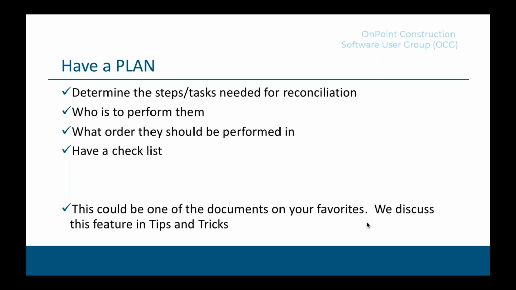And we talk about that in our tips and tricks session about how to get the documents, like a Word document, an Excel spreadsheet or whatever, onto your favorites. So you just click there once and it'll bring up that document without having to get out of Sage and go find it in Excel.